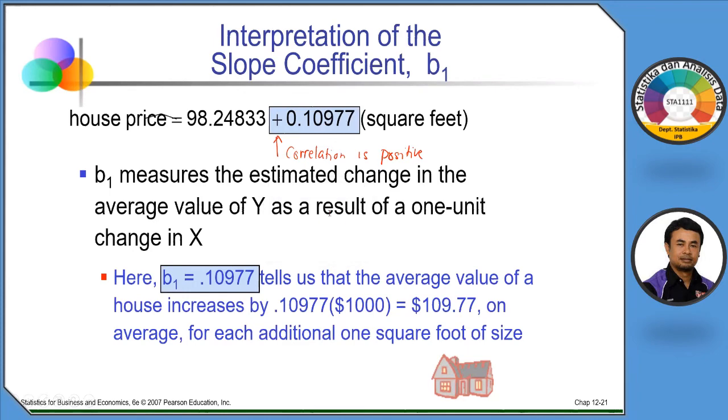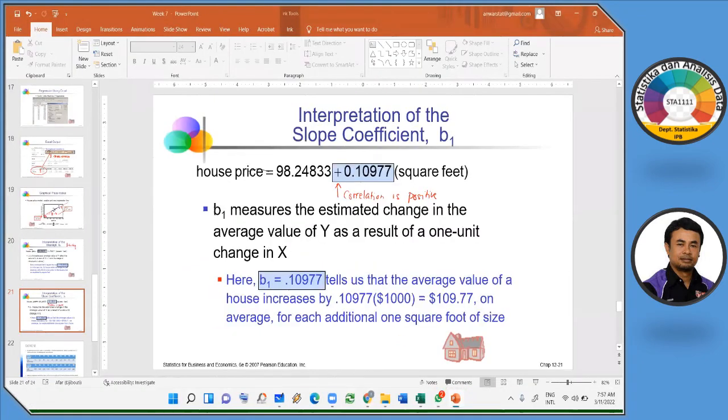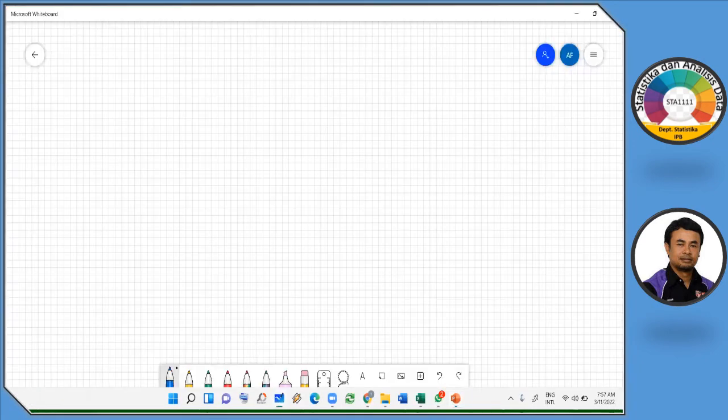I will give you another example that interpreting B0 is sometimes unreasonable. Let's say I have two variables.